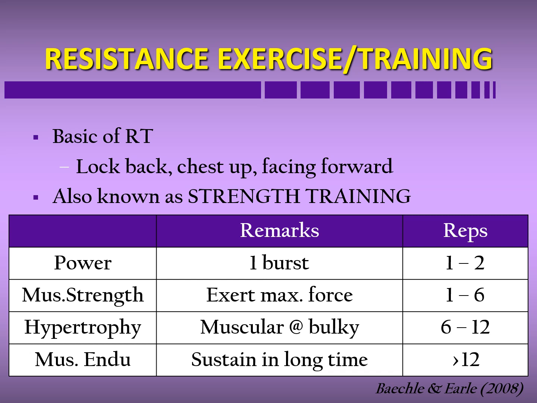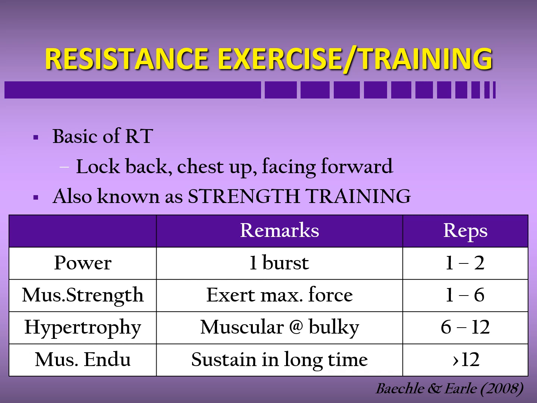There is a difference between components in resistance training, which are power, muscular strength, hypertrophy, and muscular endurance. Power can be defined as one burst, so the repetition is 1 to 2 reps.